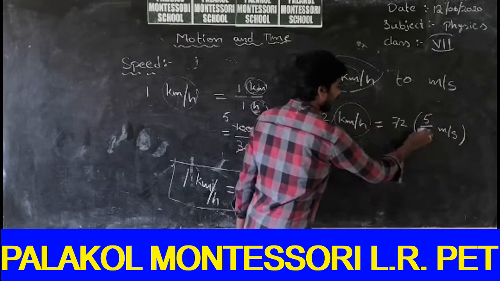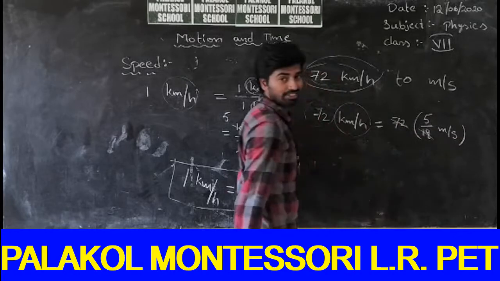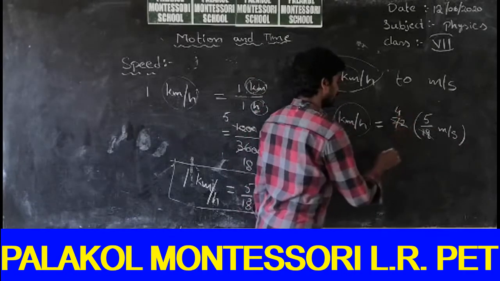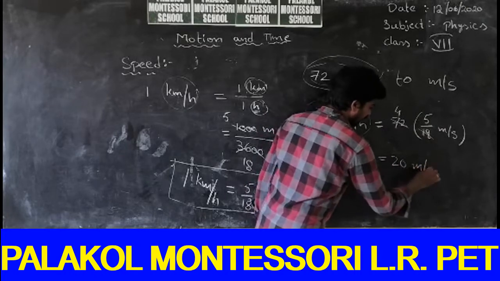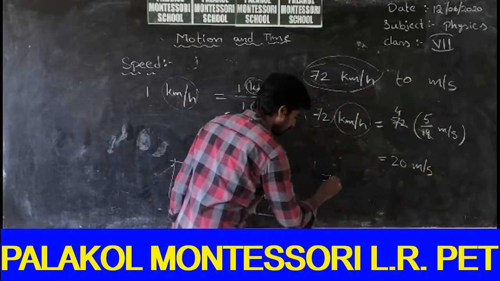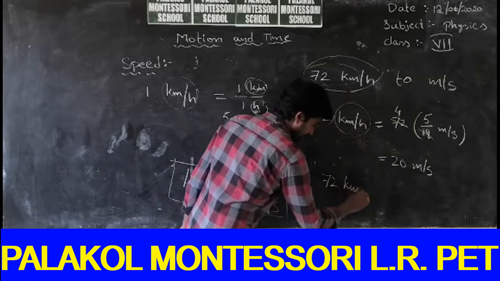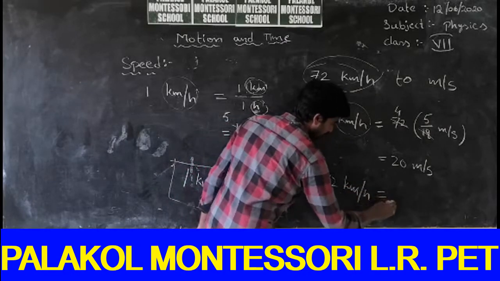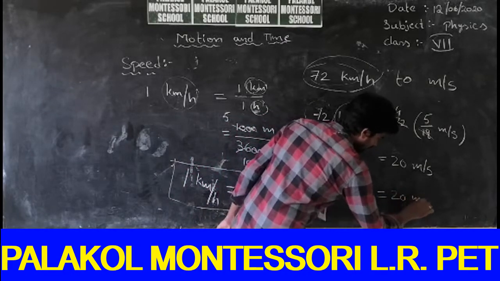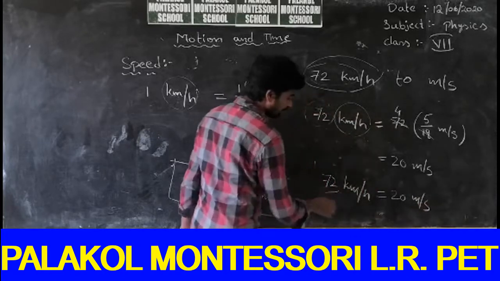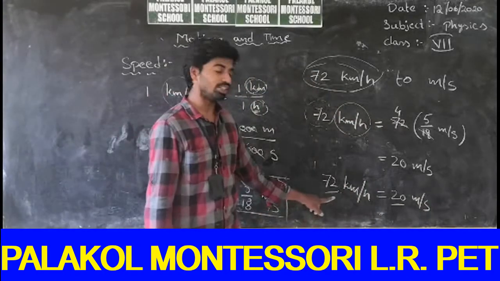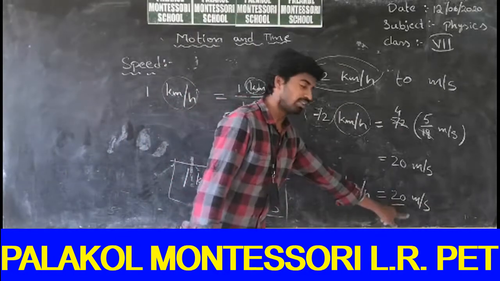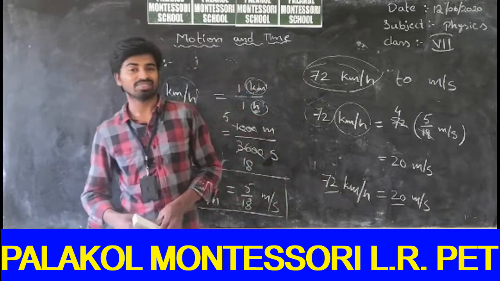Here 18 will cancel in 72 4 times, and 4 fives are 20 meters per second. So 72 kilometers per hour is equal to 20 meters per second. The numerical values are different, but the speed is the same.